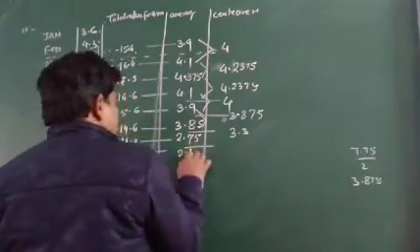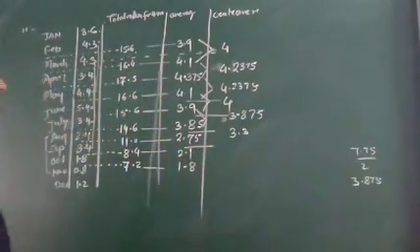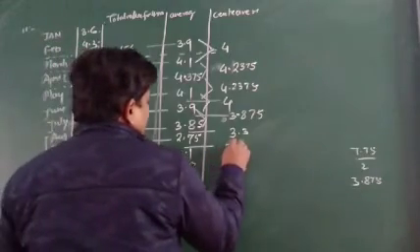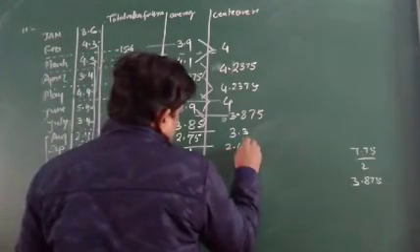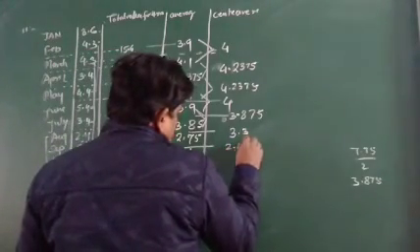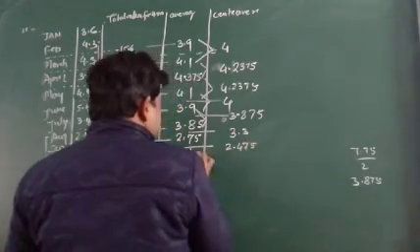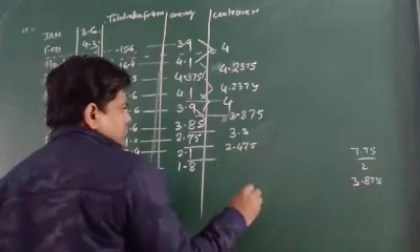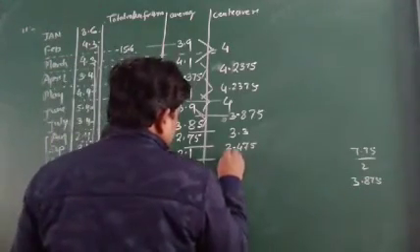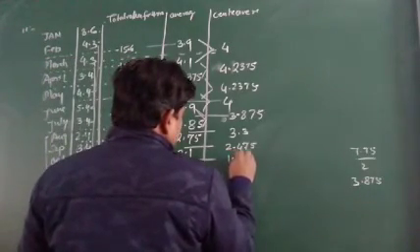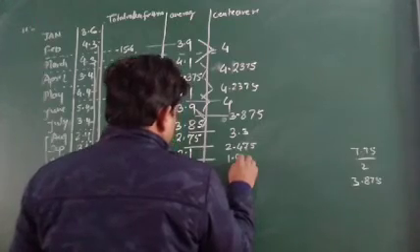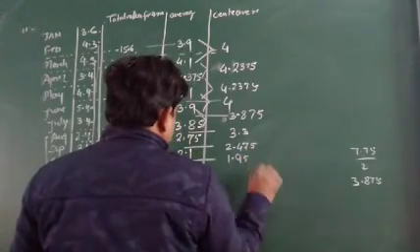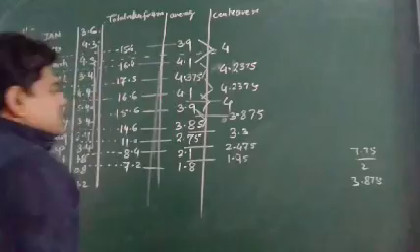When I discuss about this one, I think 4.85 can be written as 2.4 and 7.5. Then after it is 3.9. When I divide 3.9 by 2, I will get 1.95. Okay, you are getting it.